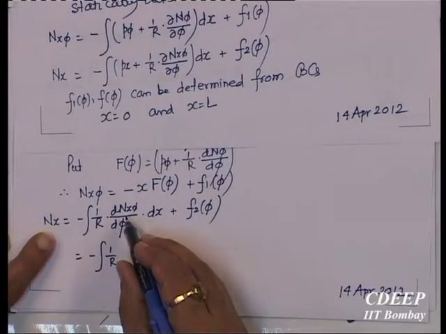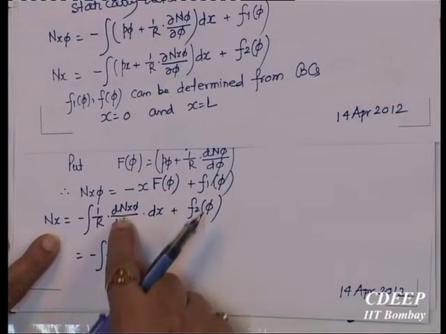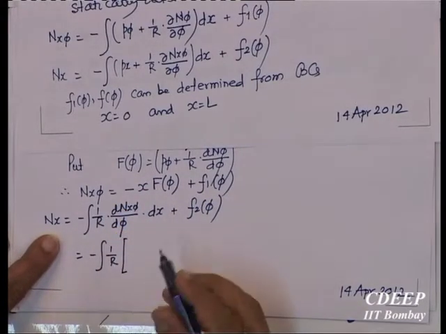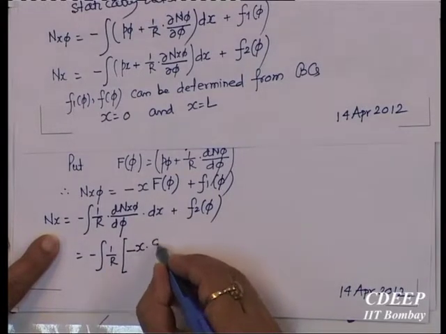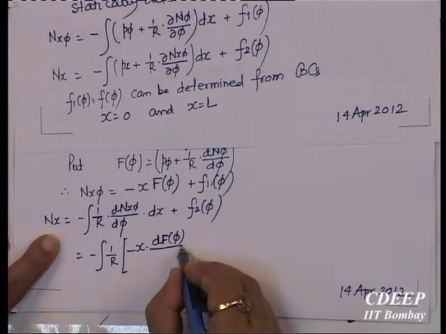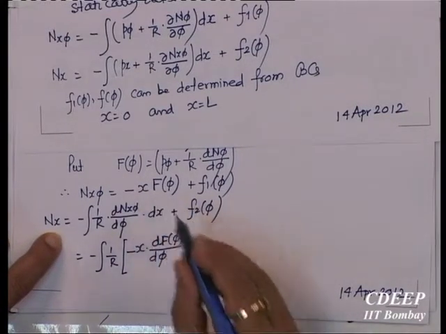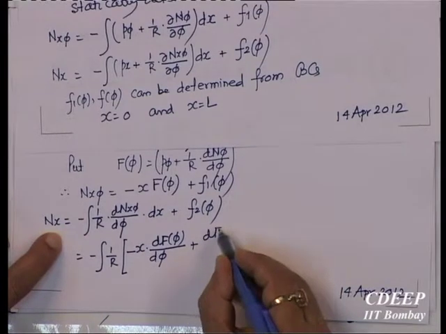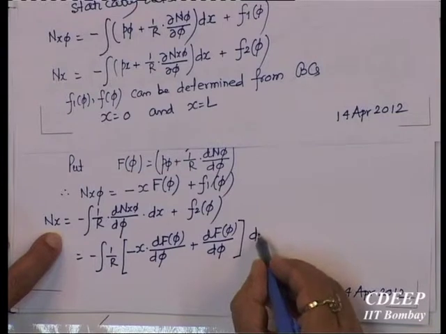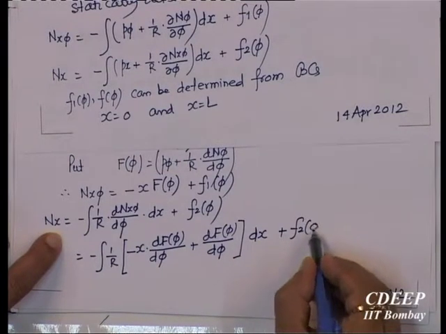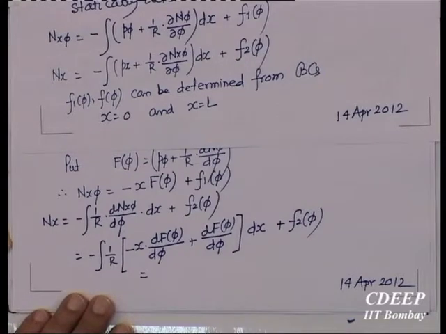Yes, this is 1 by r. From the first one, the derivative of this, it is derivative of N_x phi. So, the derivative of this means x into minus x into d f phi by d phi by parts plus x equal to 1 plus just d f phi, and that comes out to be equal to x.